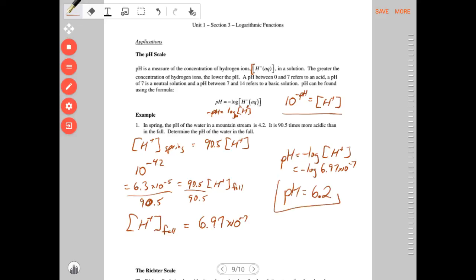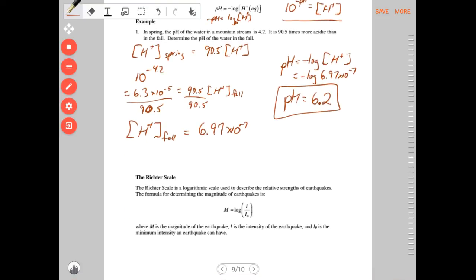Awesome. Okay. So the main point about the pH scale is we want to always convert it back to the H positive ions, the hydrogen ions, because then we multiply those or divide them 90.5 times, bigger, smaller. So we always want to work with the H plus.